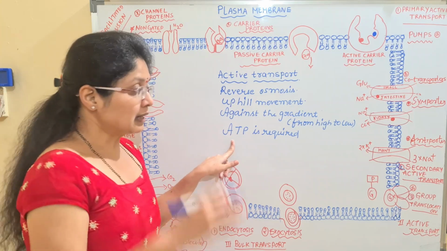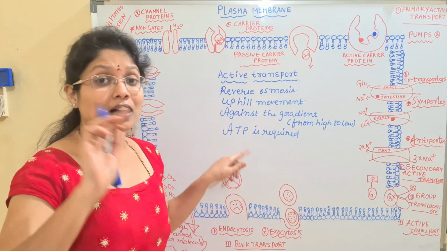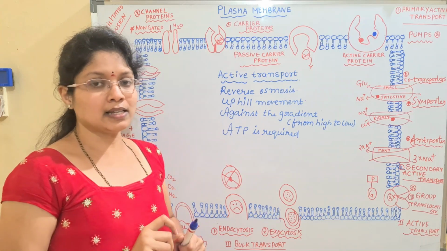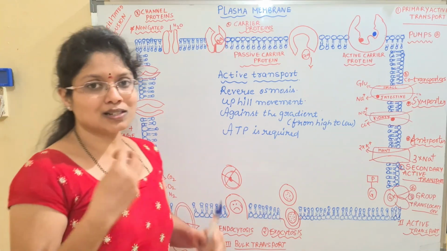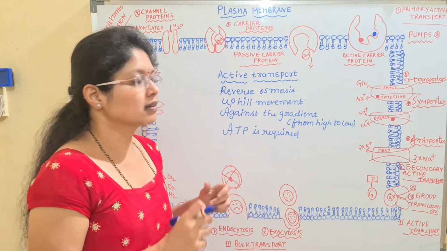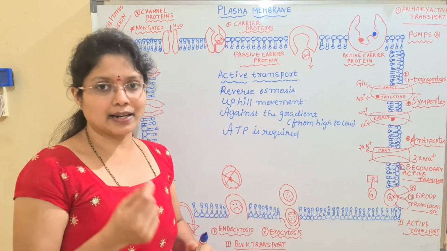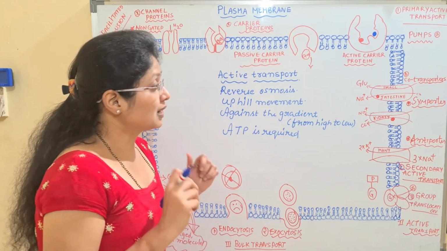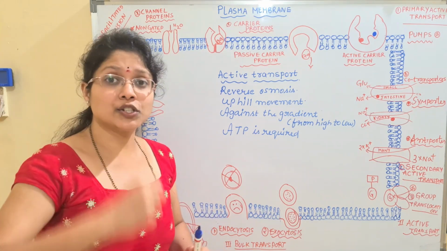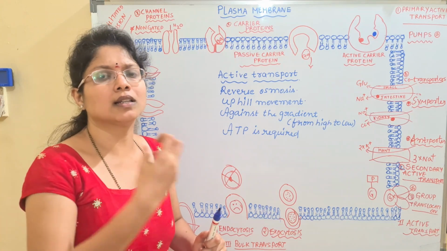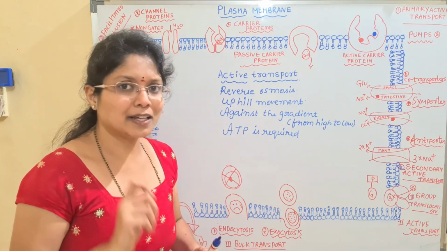Okay, and in this active transport we have a second case. What is the second case? Certain systems or proteins which help in this transport do not utilize ATP directly; rather, they utilize the concentration gradients created by other molecules. Are you getting me, children?